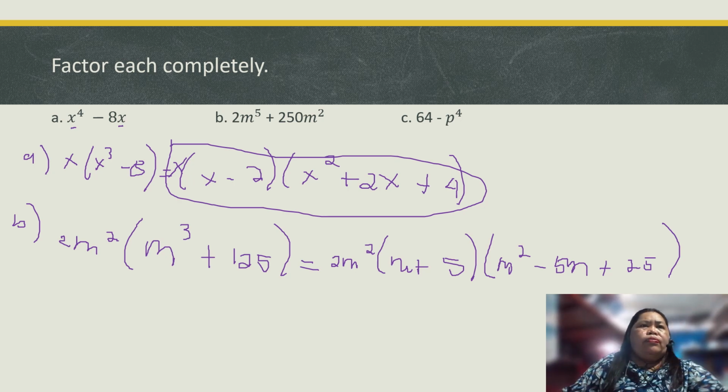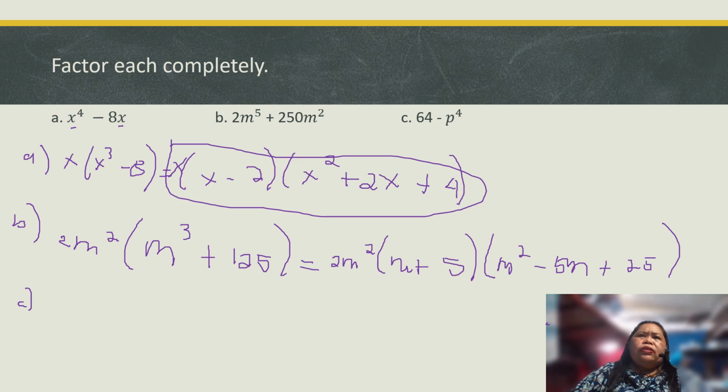Next, we have number 3. For letter C, we have 64p to the fourth. We cannot factor this as is because it is to the fourth.